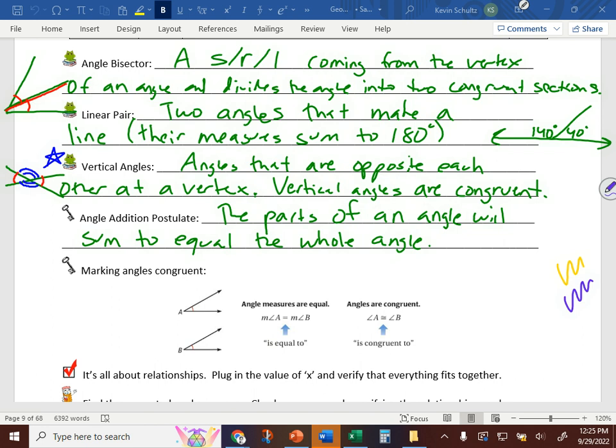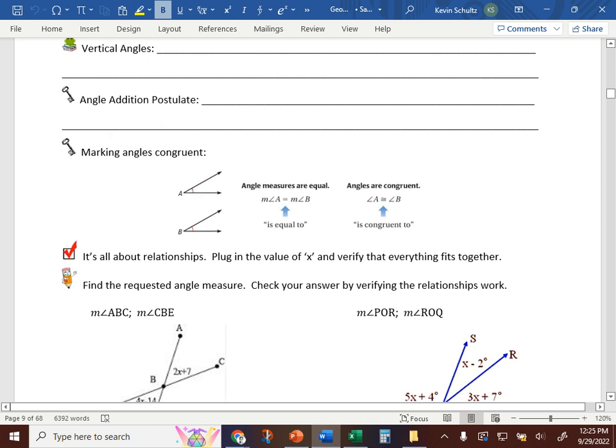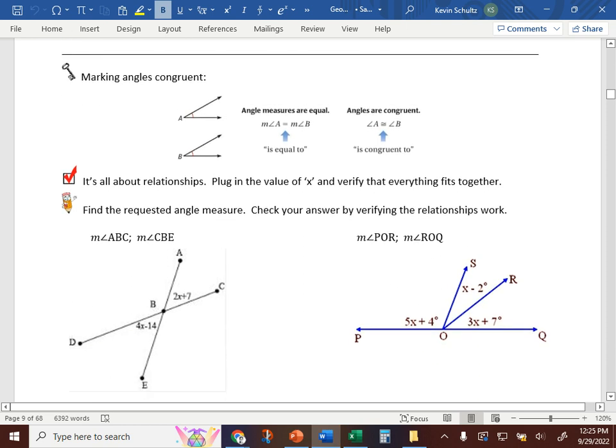That was good. Okay. And then we also talked about the difference between an equal sign versus a congruent sign. When we're talking about just angles, two things that are the same, we use the congruency symbol. When we're talking about their measures, this angle has a measure of 40, which is equal to this angle's measure, then we're actually assigning a value to it, and that's when we would use equal.